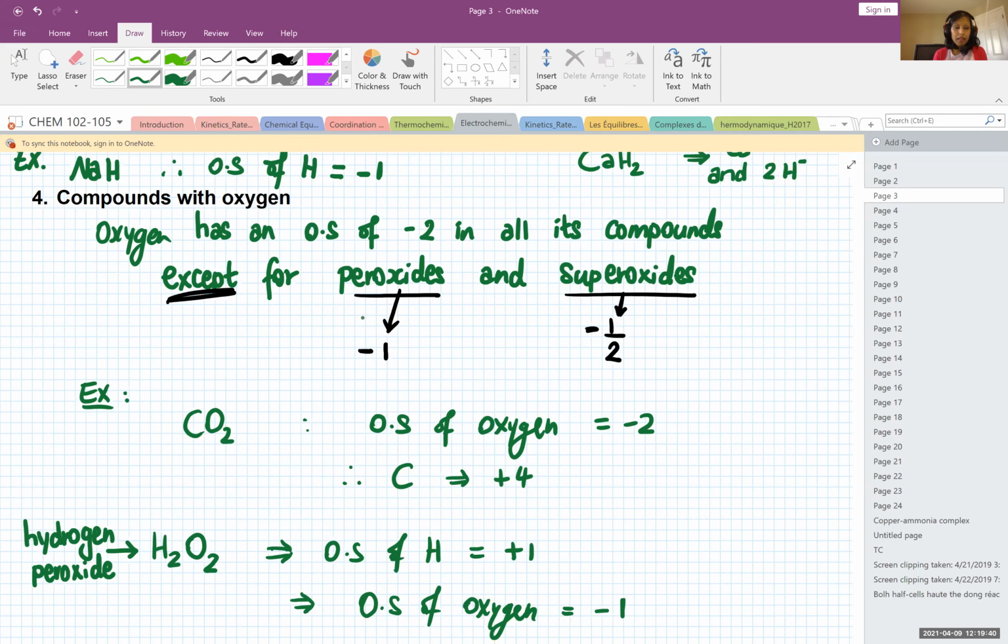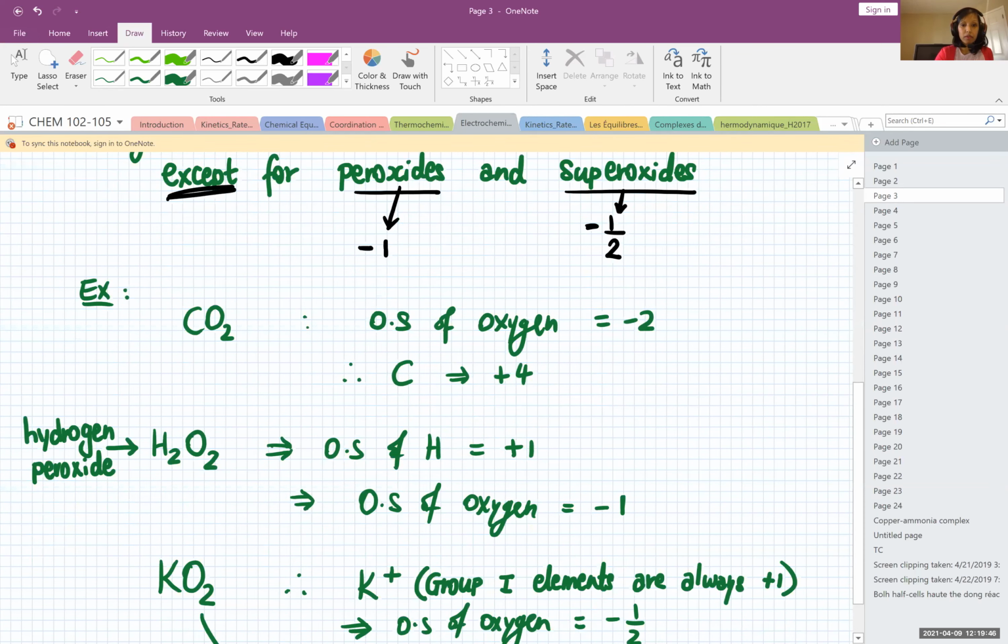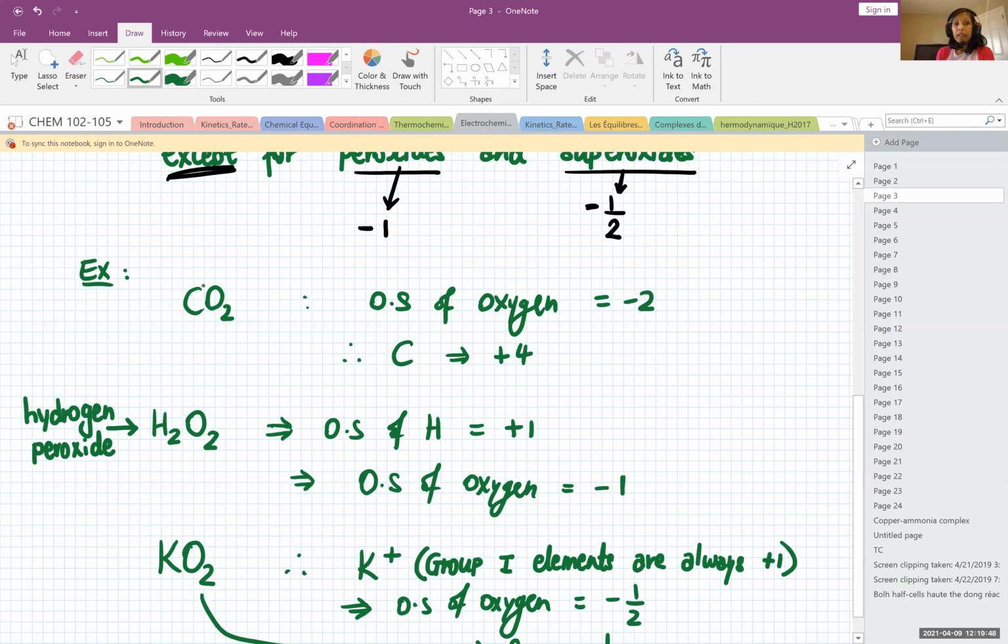In superoxides, oxygen has an oxidation state of -0.5. Now, we have a few examples here: carbon dioxide, carbon monoxide, simple oxides of any element. Mostly we will see oxygen is in the -2 oxidation state. So that's general; therefore use that to find the oxidation state of the other element.